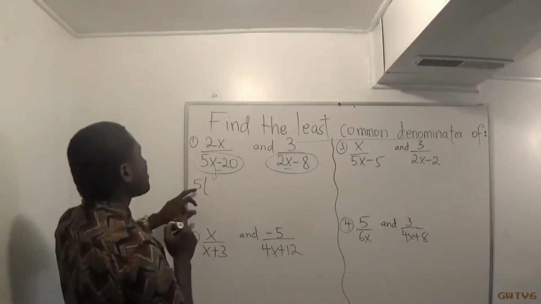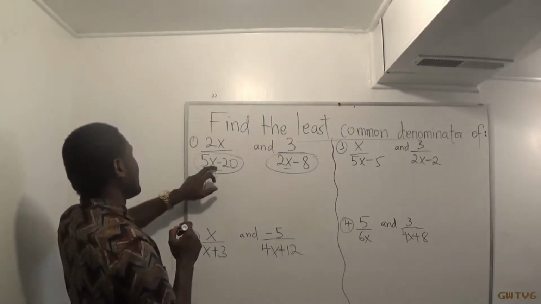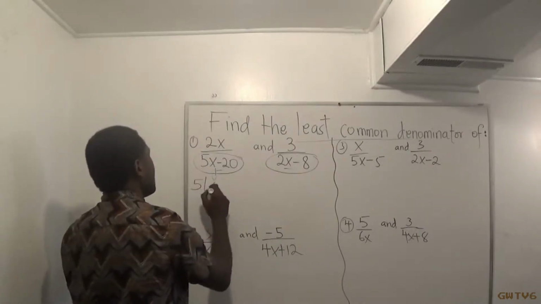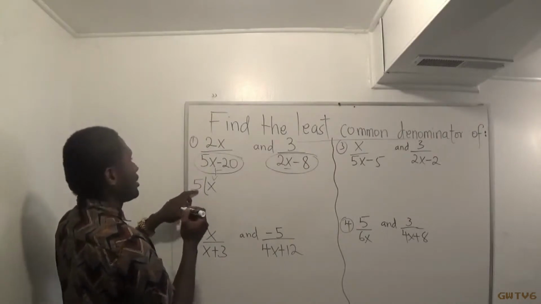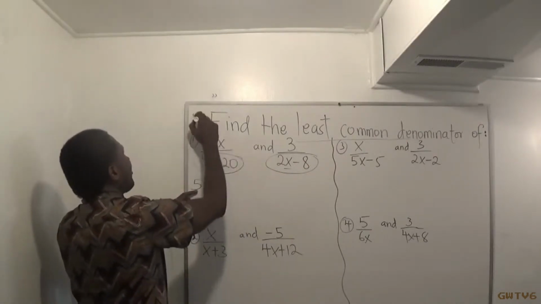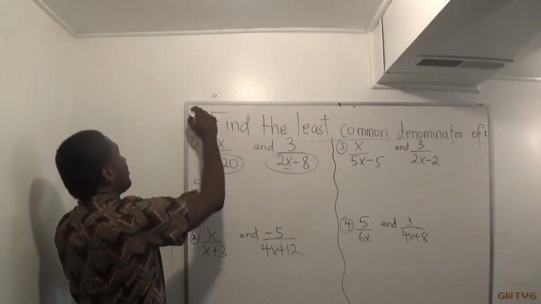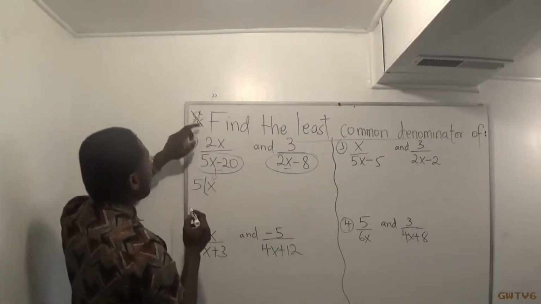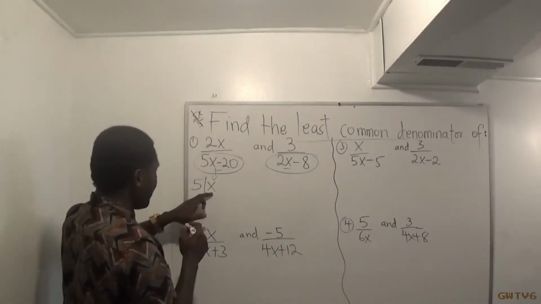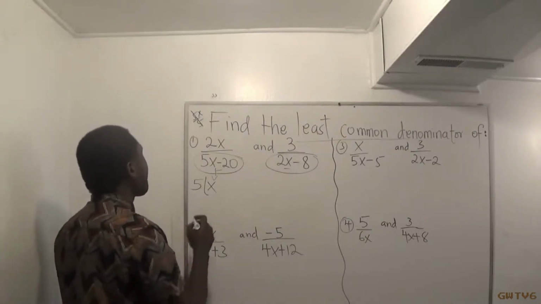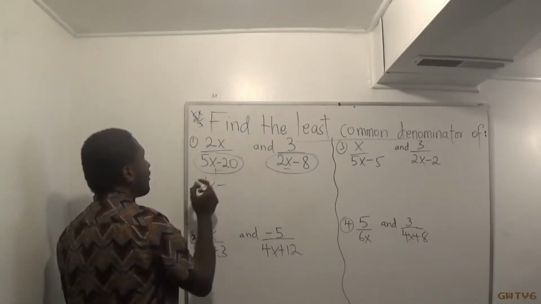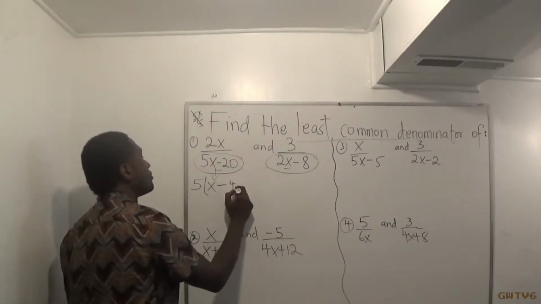And then what times 5 will give me 5x? It's x. Or sometimes you can also do 5x divided by 5 on the side. The 5's cancel, so you have x left. So I have my x right here. And then minus 20 divided by 5 is a 4.